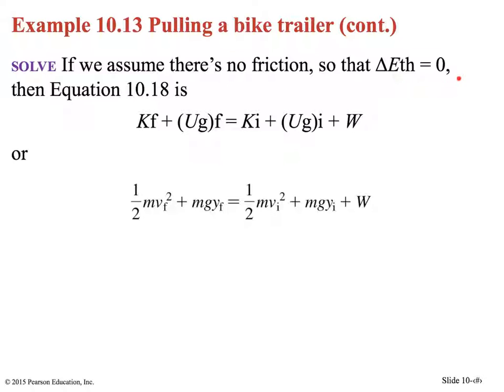We're going to say there's no friction, so we don't have to worry about thermal energy. So my initial kinetic plus work is going to equal my final kinetic plus final gravitational potential energy. They keep the initial potential here, but know that this y value is 0, so you essentially can get rid of that term.